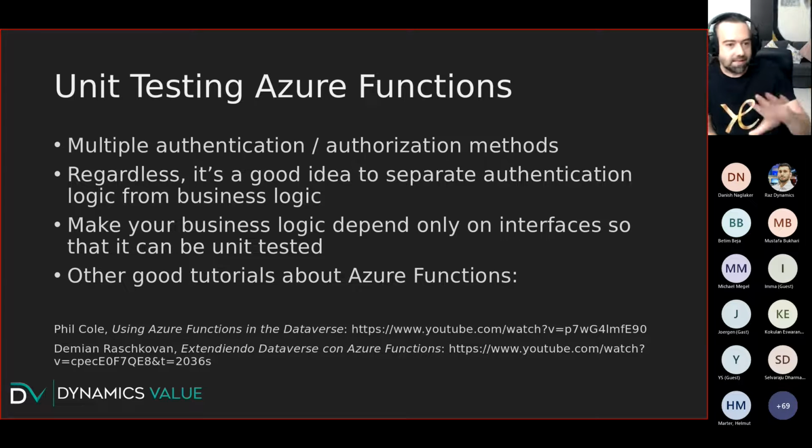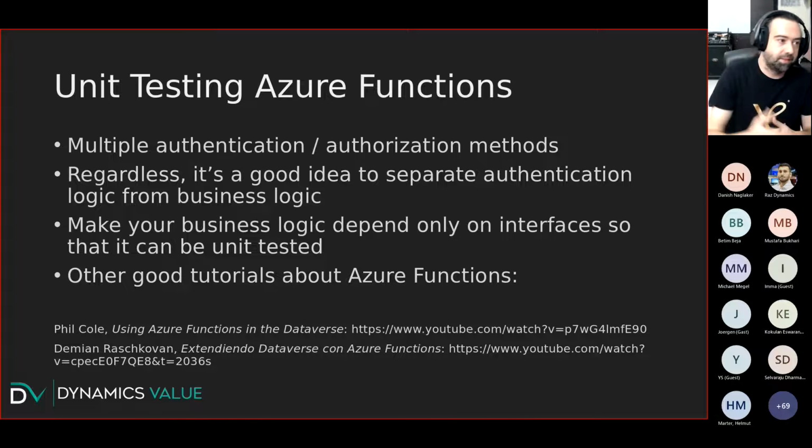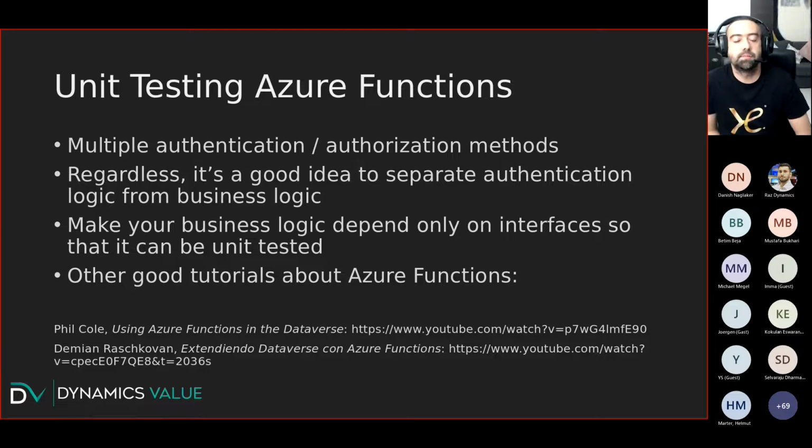Regardless of when you're developing Azure functions, you can choose different authentication methods. But regardless of which one you use, it's always a good idea to separate the authentication logic from the business logic. So always make your business logic depend only on the interfaces so that it can be unit tested properly.